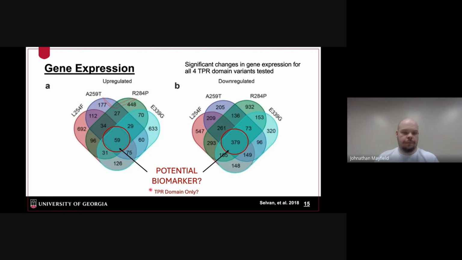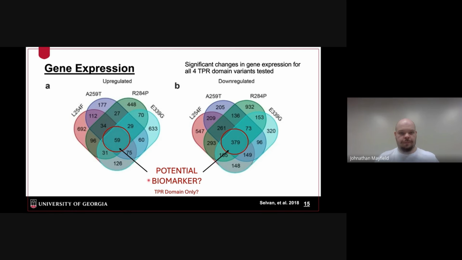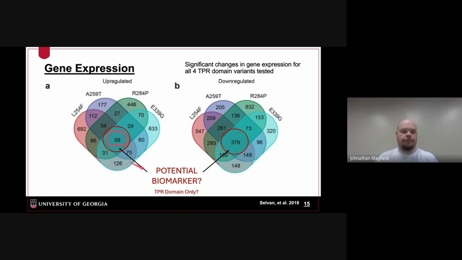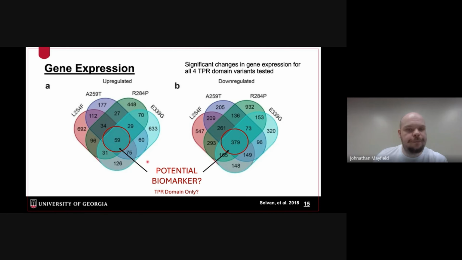So there are commonalities between pairs of variants, trios of variants, and then all 4 variants. We're looking at what commonalities there are between all of the variants. So those numbers, yeah, that totally makes sense. Those numbers are gene numbers. Yeah, number of genes, yeah.